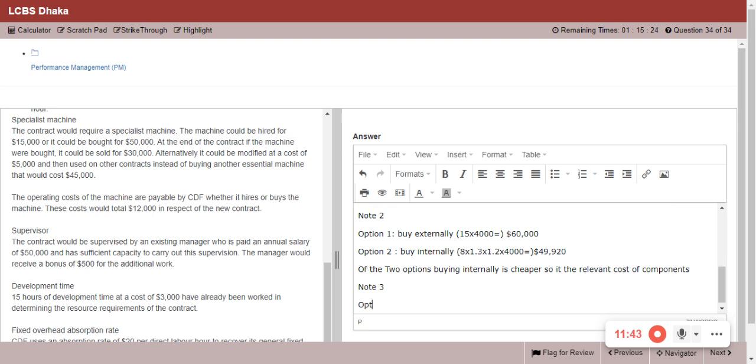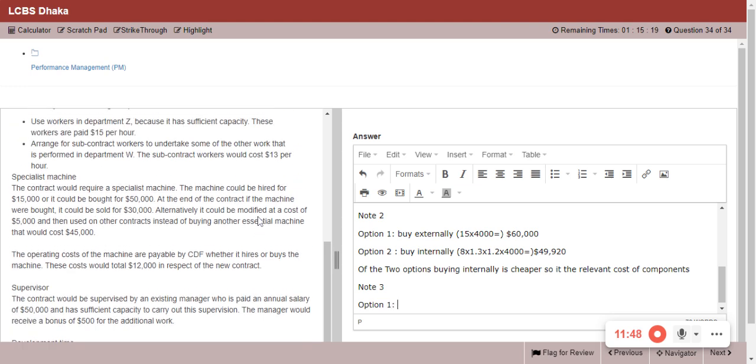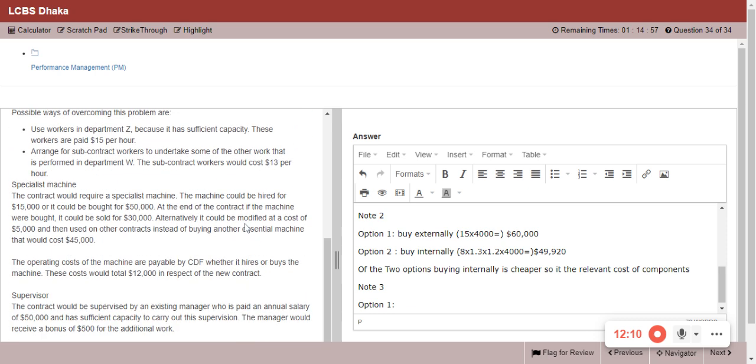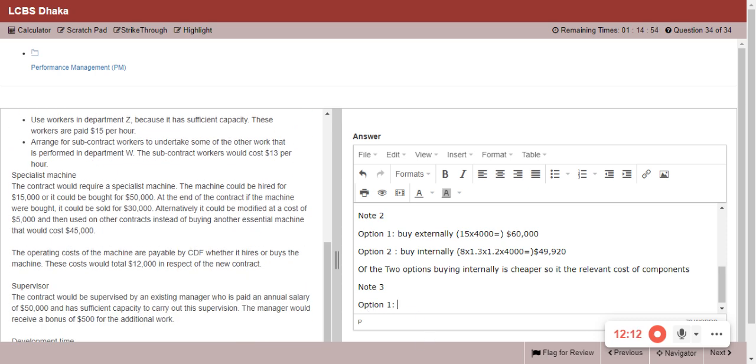Option 1 is I can use workers from Department Z because it has sufficient capacity, and these workers are paid $15 per hour.